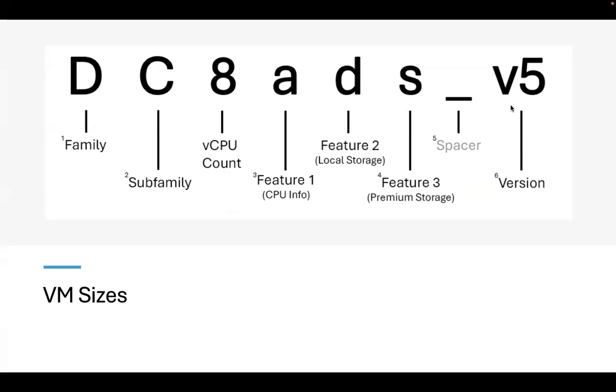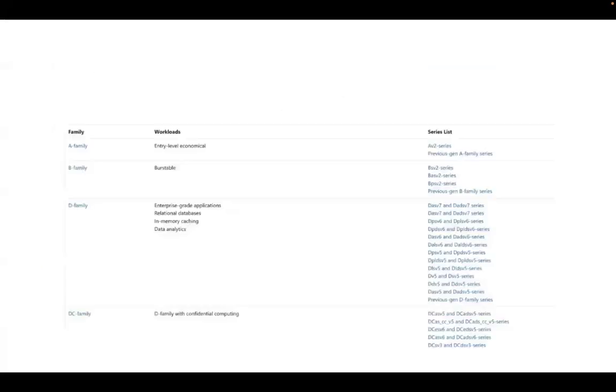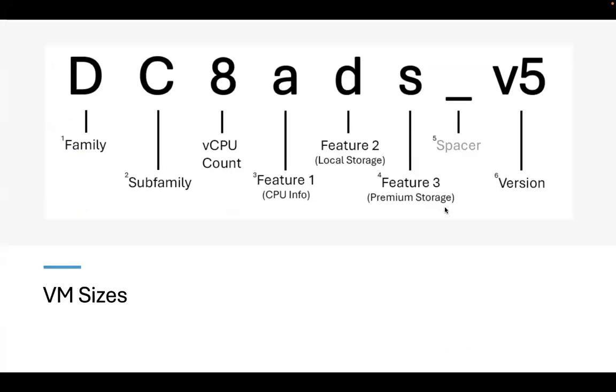This is nothing but the series list, like DASV7. Something like that you can select. Each letter has its own meaning, so from that you should be able to understand what it is. Like the first one is the family and so on.